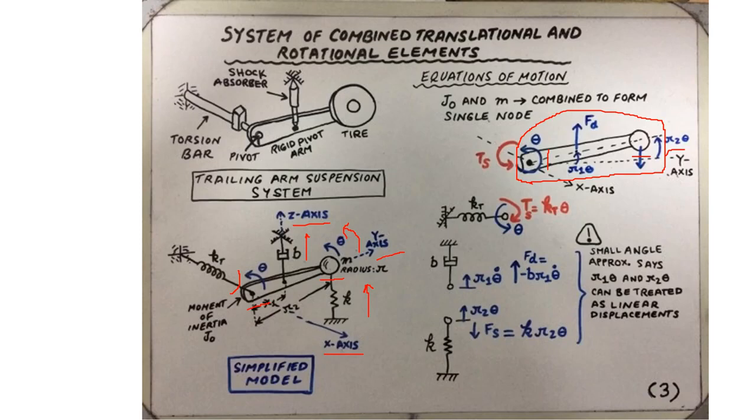Alright, so with that in mind, let us proceed to write down the equations of motion. The intrinsic motion is rotational motion. So what kind of elements are connected to the pivot arm as well as the mass which is attached to the pivot arm? Well, we start from the left hand side. We have a torsion spring.